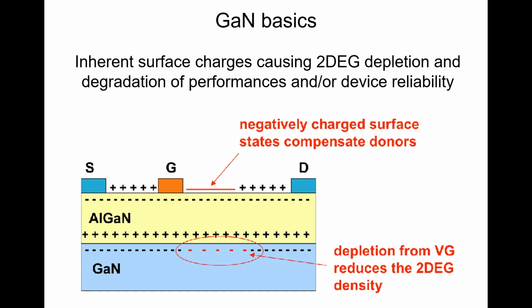This is the so-called current collapse here, where the surface states are negatively charged. Obviously, this problem is well known, and it has been solved for a while with proper pre-treatment and passivations, and also from the growth point of view: how do you terminate the growth and things like that. So this is, to a large extent, quite solved.